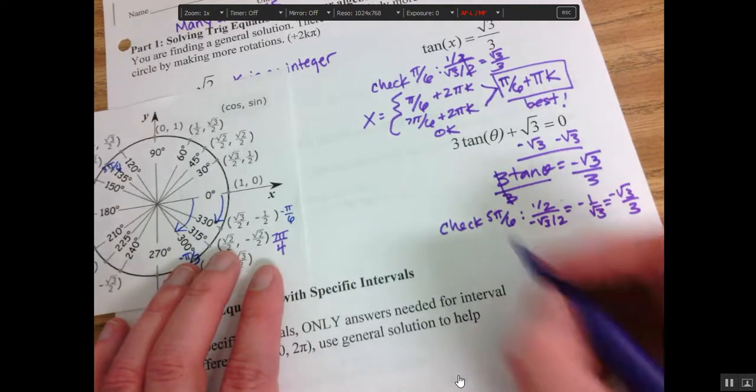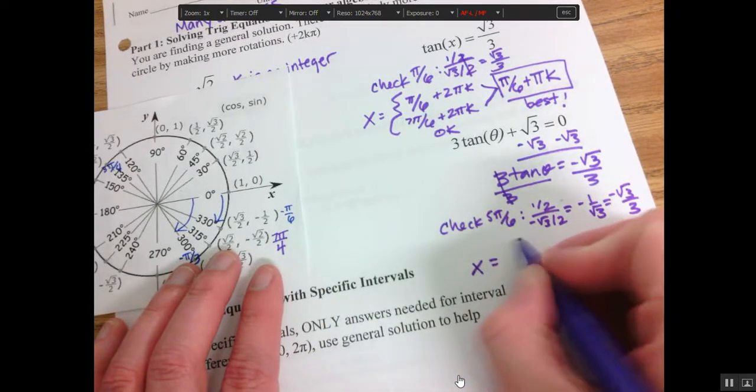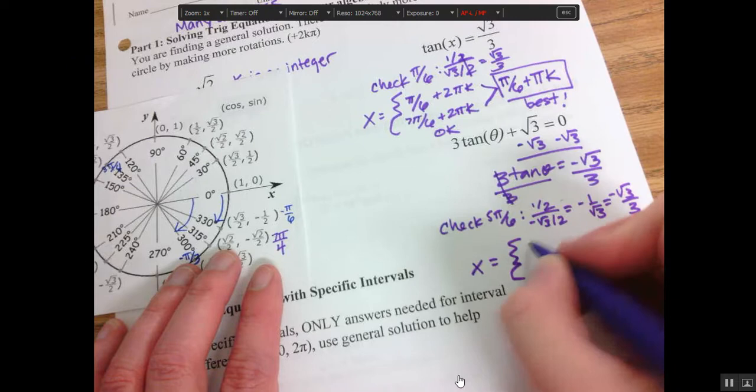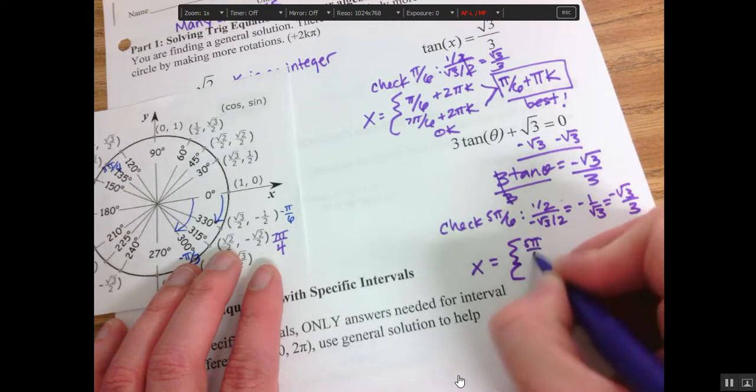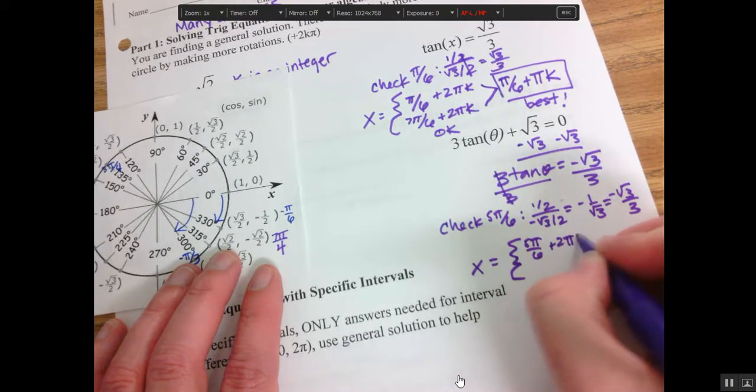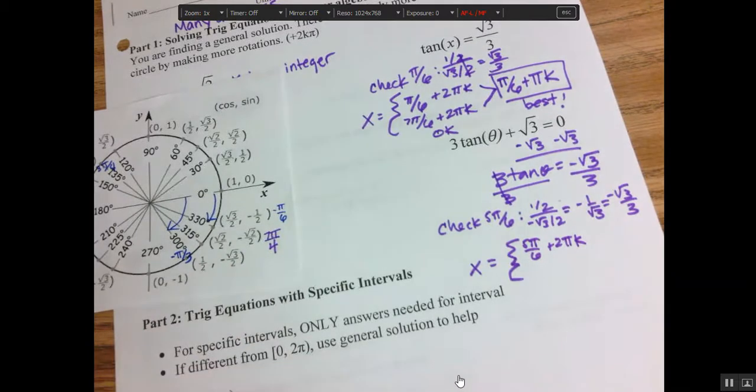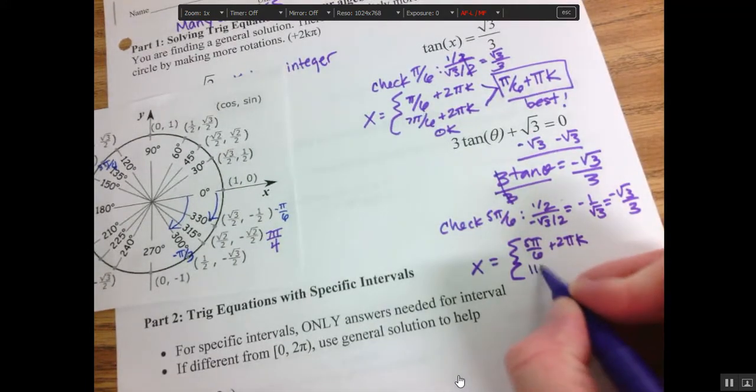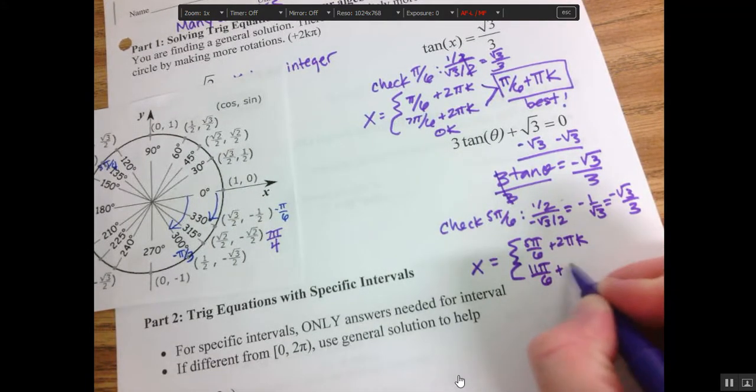So we have x is equal to, I don't know what that is, 5 pi over 6 plus 2 pi k. And what's the other angle? We had one in the second quadrant. What's the one in the fourth quadrant going to be? 11 pi over 6 plus 2 pi k.